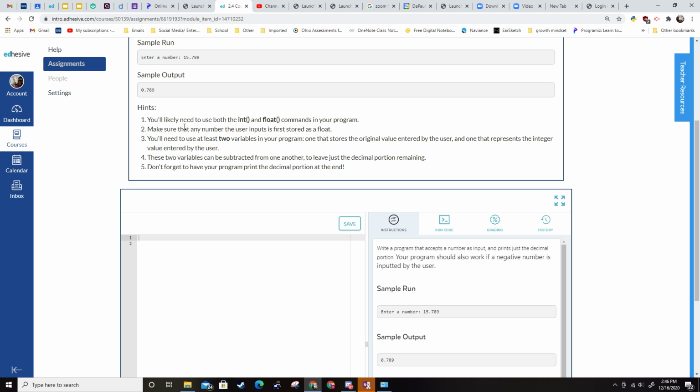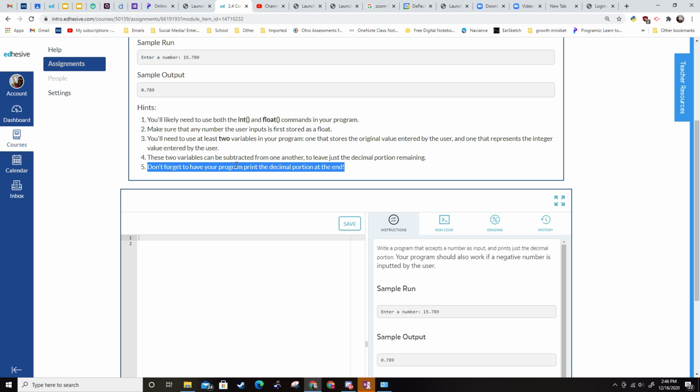The second variable is just giving me the integer version of whatever you inputted. After that, they tell you you can subtract these from each other to get the decimal portion remaining. And then don't forget that your program should print out the decimal portion at the end.